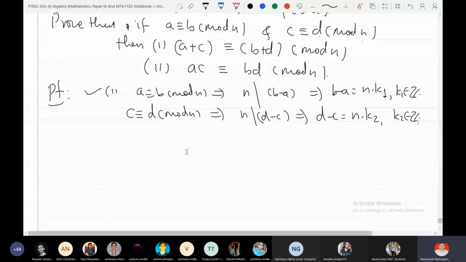So anyway, A congruent to B modulo n means what? B minus A is n times some integer, so B minus A is a multiple of n. C is congruent to D modulo n means what? D minus C is a multiple of n. Right. So let us call this 1 and 2.